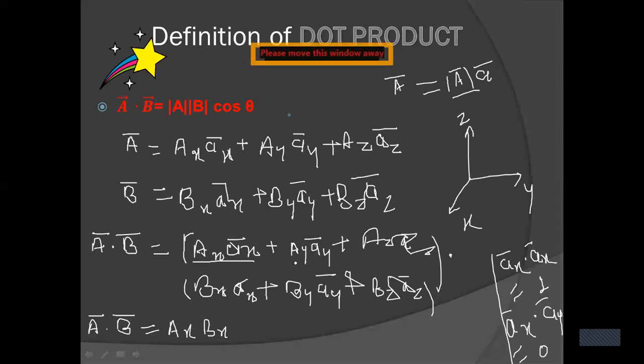Then we have to multiply by the second term. Yes, ma'am, at the end, in the result, we write a bar dot b bar is equal to ax bx, and after that, what is needed after bx? Small a bar into small b bar.